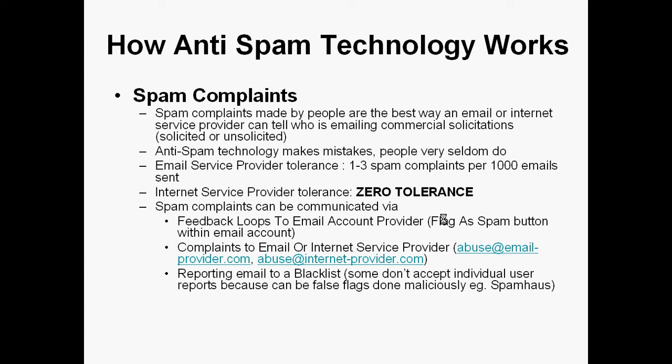So email service providers will allow you to get some spam complaints, but most of them, the better ones, will tell you who they are so that you can purge them from your list. Over time, you should be getting fewer and fewer spam complaints until hopefully you're getting zero, and then everyone is particularly happy.